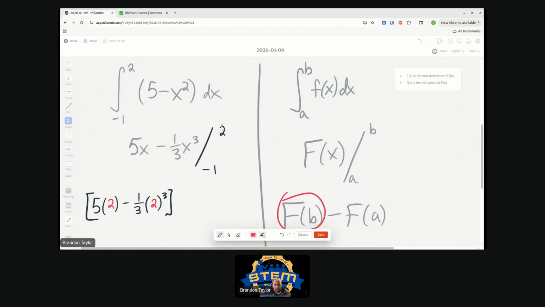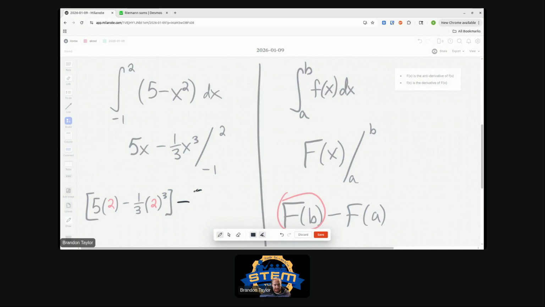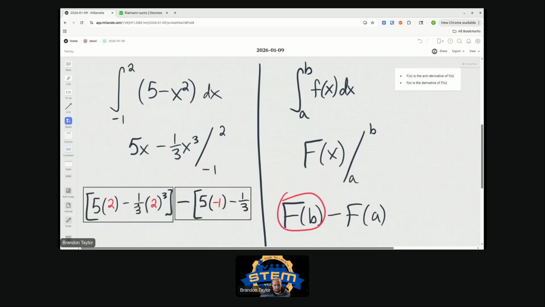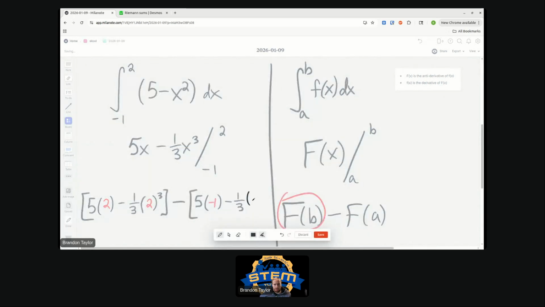We just take b, 2, and plug it into the function, like x equals b. Wherever you see x, plug in b. And then you subtract, and then you do the same thing, but f of a. So it'll be 5 times -1 minus 1/3 times -1 cubed.